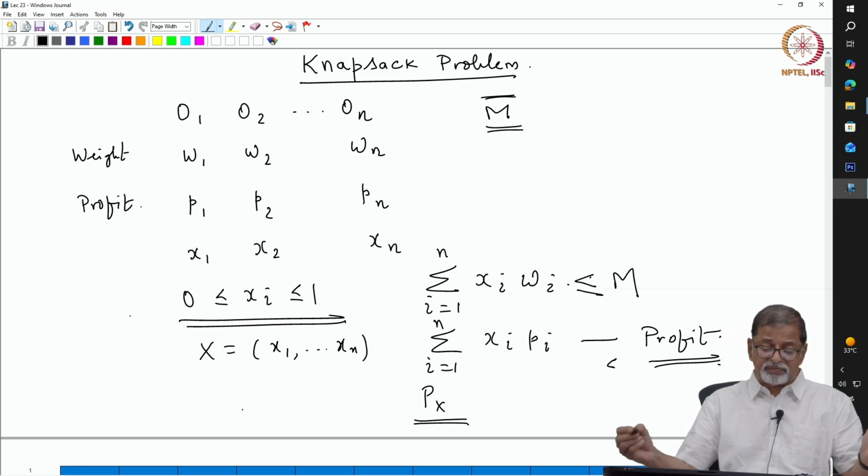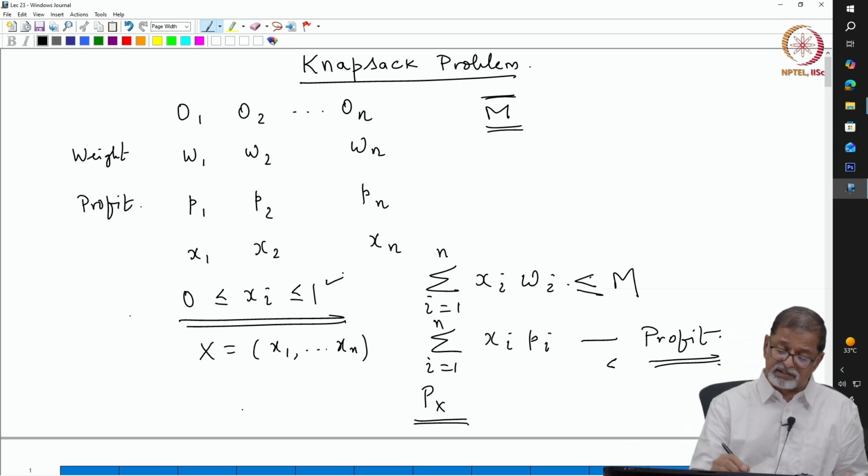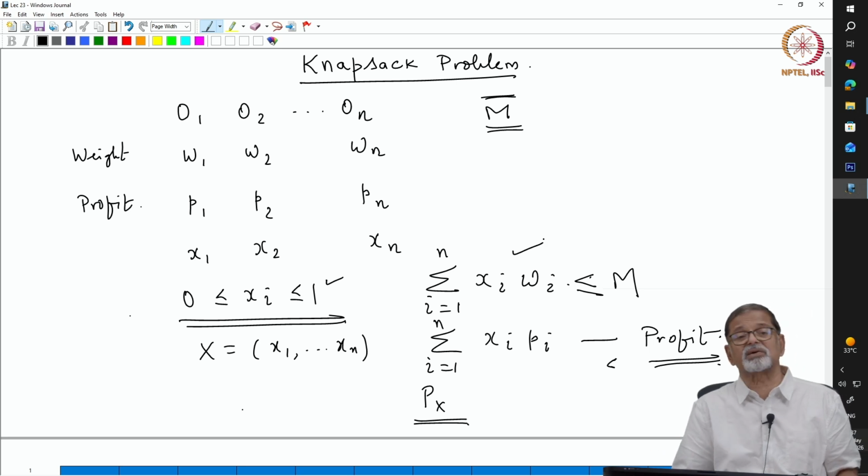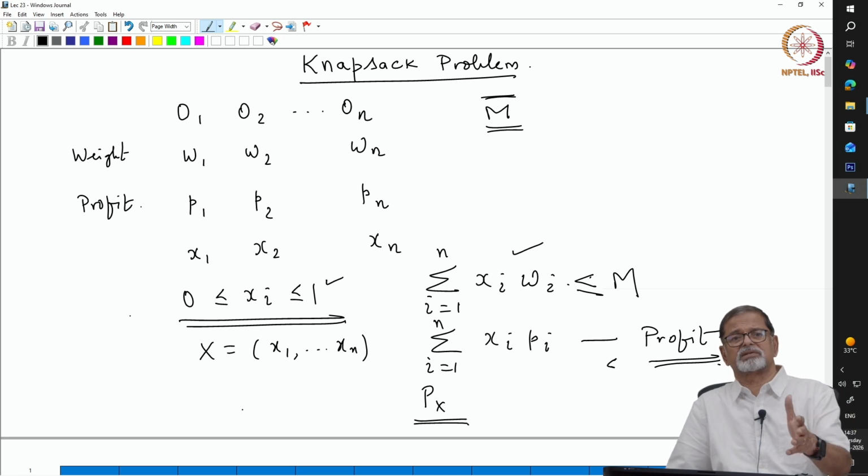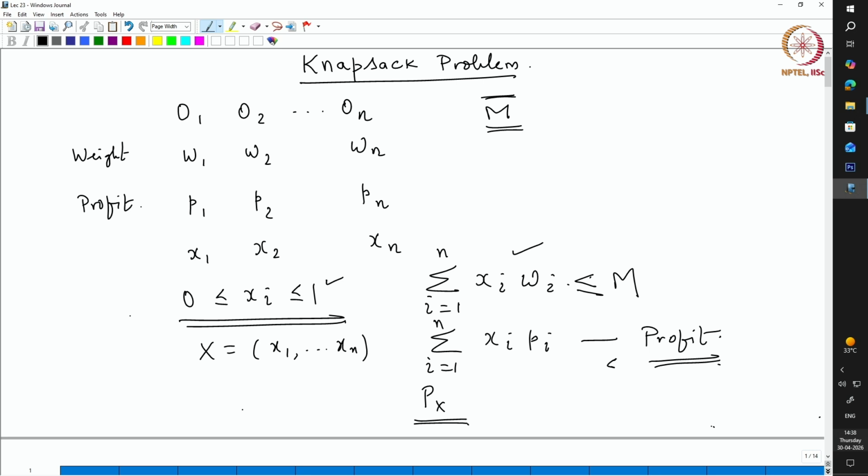So, any set of xi's satisfying these conditions is called a feasible solution. It is a solution. You take that many fractions of those objects, it respects the condition, so that is a choice. Okay. It is a feasible solution.